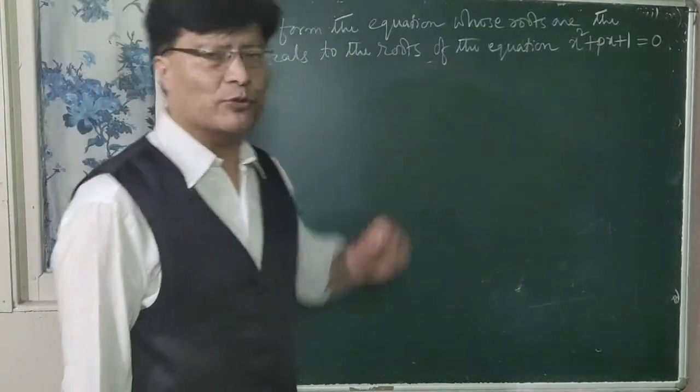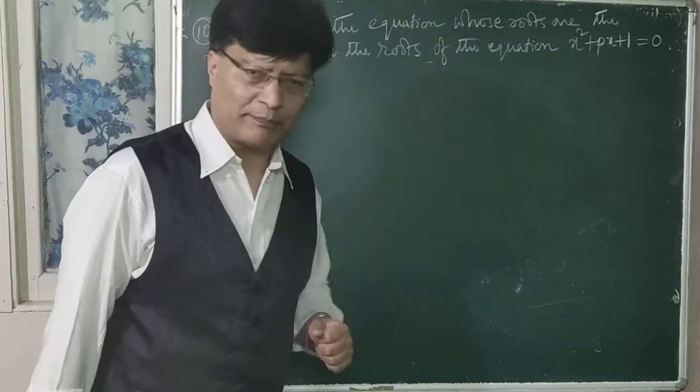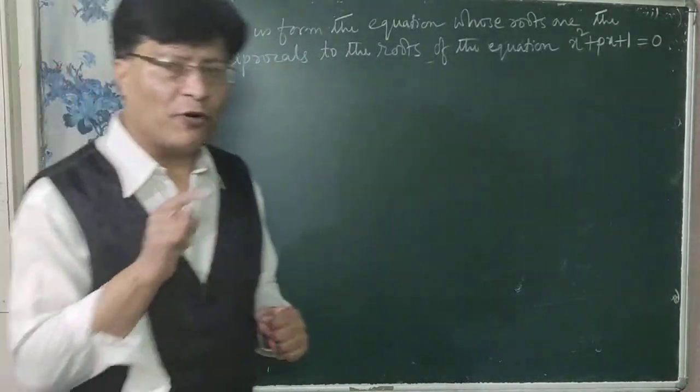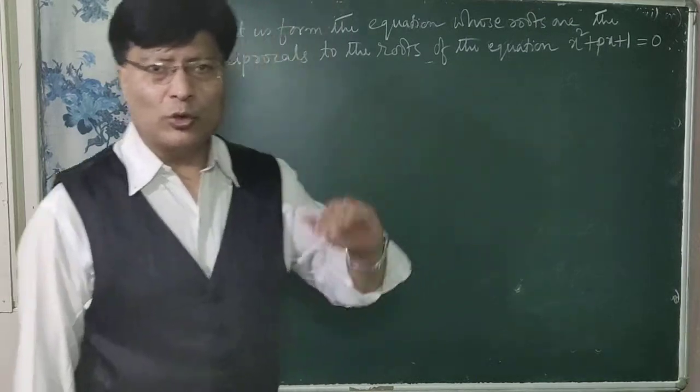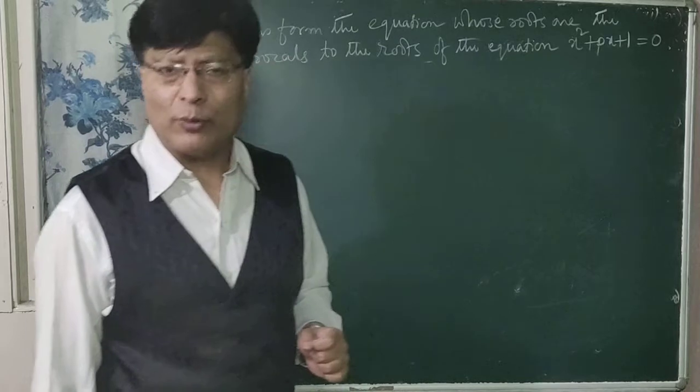You given roots ko chai timale paila root suppose garne, that is alpha and beta. Now you have to form the quadratic equation whose roots are the reciprocals to the roots of this given quadratic equation.